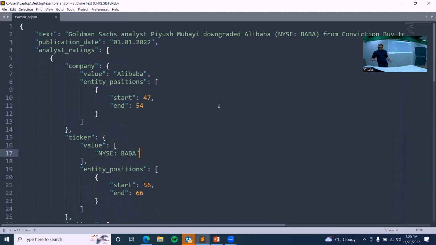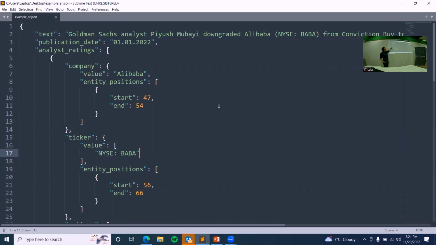At the end, we built a service endpoint that receives the new text. The publication date is not important, and it gives the relations in this kind of form. So you have the company Alibaba. This is the root company because this one is being analyzed. Then you have the positions, in order to mark the company in a different color or to select the company.